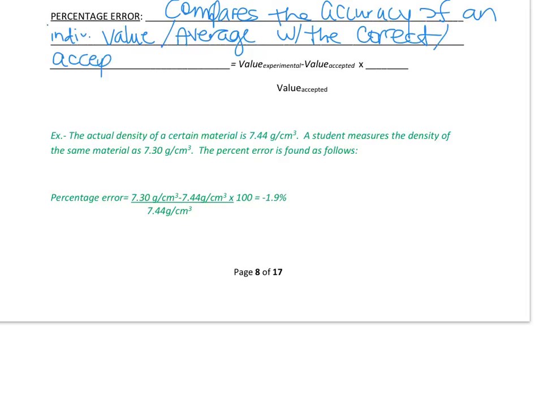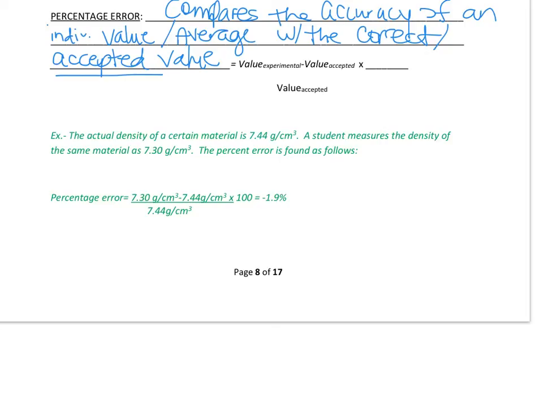There are lots and lots of tables of accepted values of things like density and so on, that you can compare what you're getting experimentally with accepted values and figure out how precise you've been.